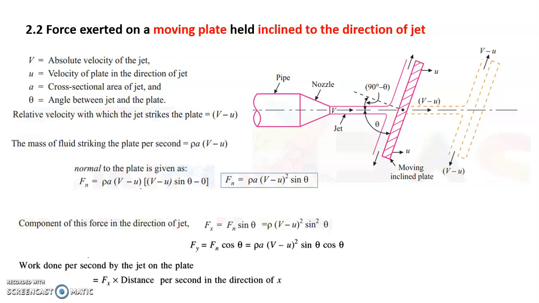See, the velocity is nothing but distance per second. So it is Fx into u, where u is distance per second in the direction of x, and the unit of work done per second is Newton meter per second. And further, you can also calculate efficiency.